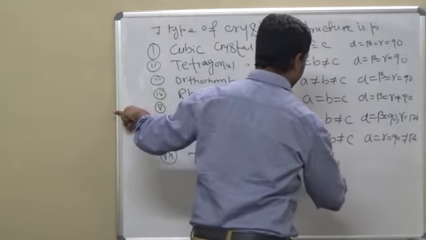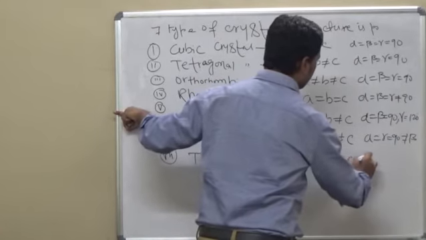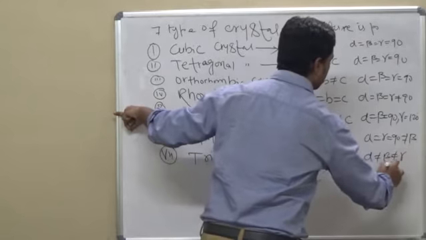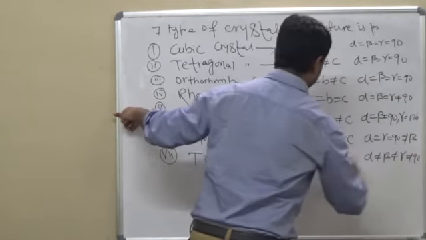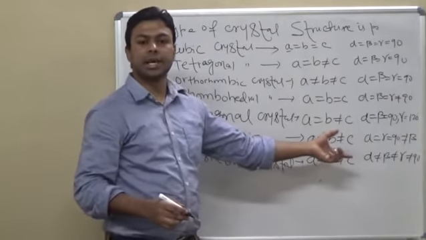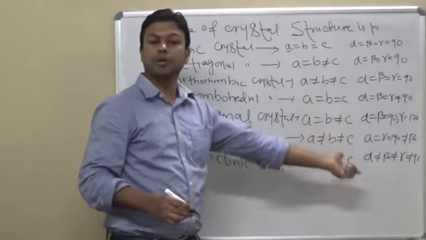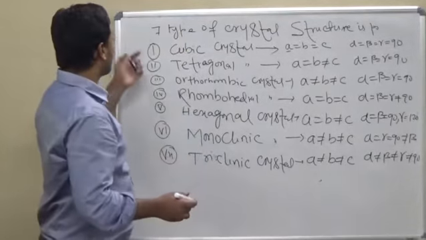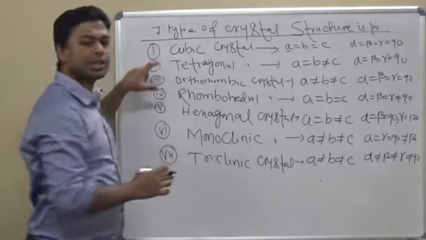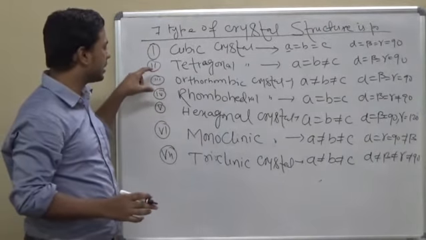Seventh is triclinic: all sides are unequal and all angles are unequal and also not equal to 90 degrees. So these are all the possible crystal systems.